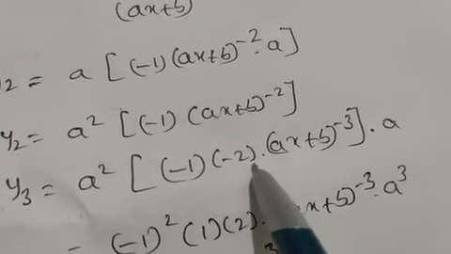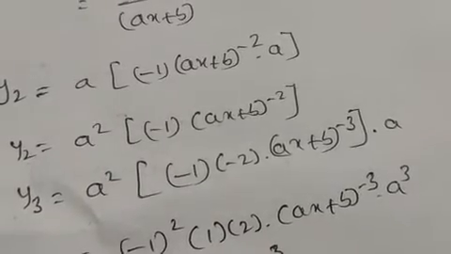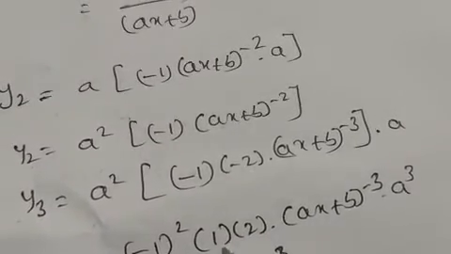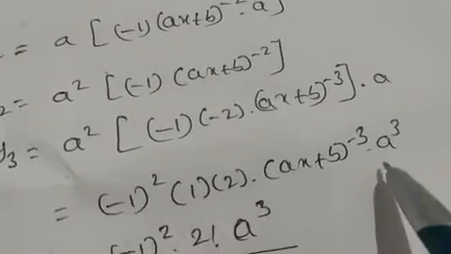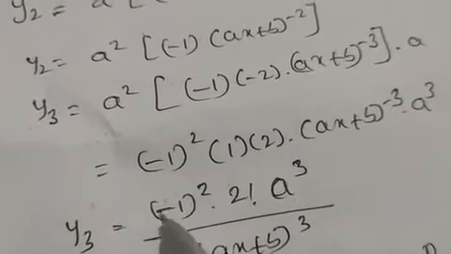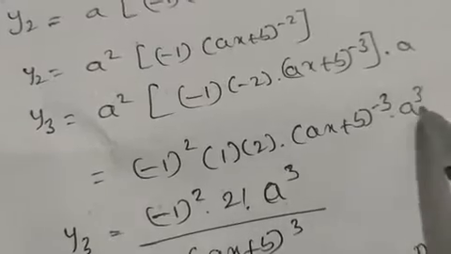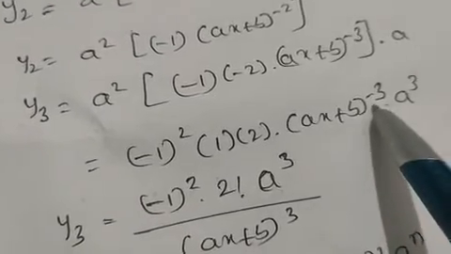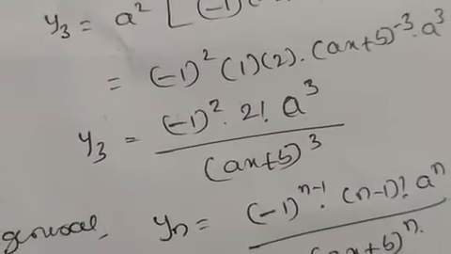Here minus 1 into minus 2 is minus 1 whole square, taking the minus sign common two times, and then it becomes 1 into 2, (ax plus b) raised to minus 3 into a square into a, which is a cube. We can write y3 as minus 1 squared into 1 into 2, which is factorial 2, into a cube, divided by (ax plus b) whole cube, because the power is negative. And we can generalize this.